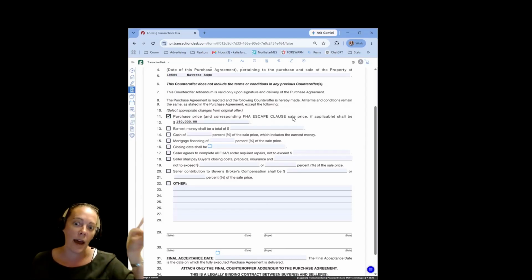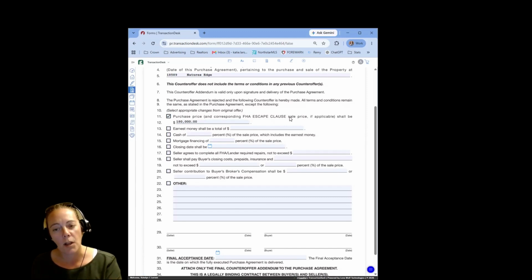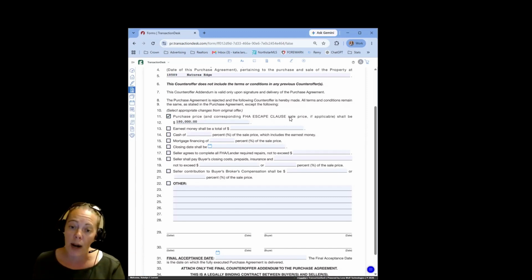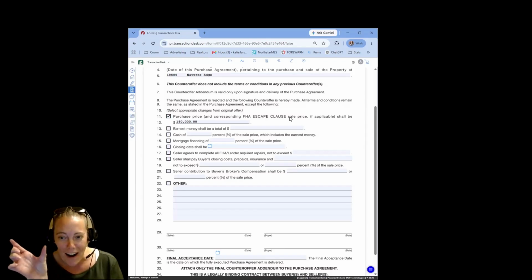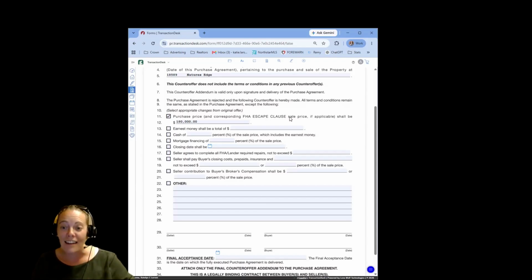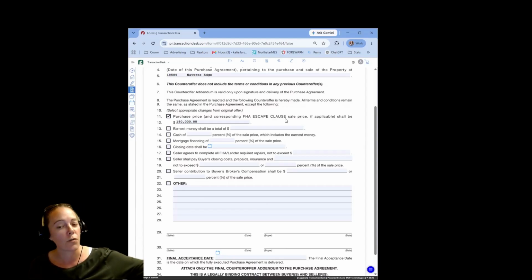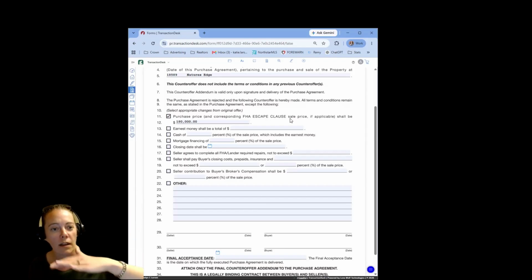So if you remember way back when we were in the financing contingency, the FHA escape clause talks about if the property doesn't appraise for the sales price, and then you have to put in the number of the sales price, then this buyer can cancel the purchase agreement, doesn't have to move forward. This purchase price not only changes the purchase price on the first page of the purchase agreement, but also the FHA escape clause.